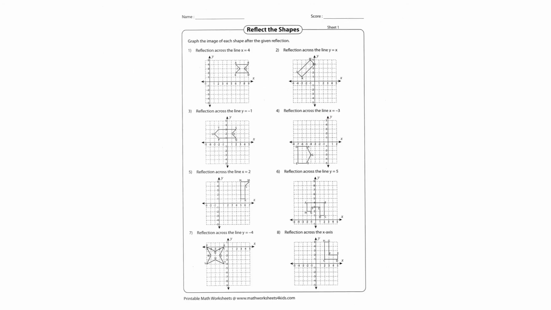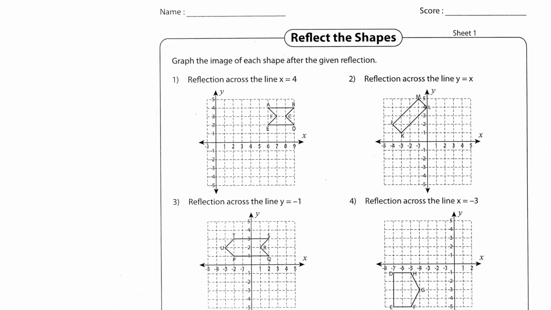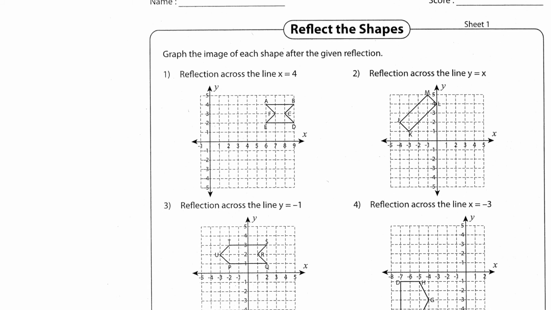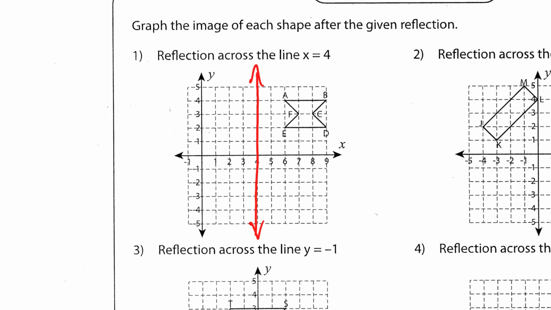Now on the back, let's talk about the reflections real quick. On number 1, it says the line x equals 4. The line x equals 4 is this line right here. So you're going to flip that shape over that line. How far is A away? It's 2, so I'm going to go 2 to that side. B is 5, it's going to go there.